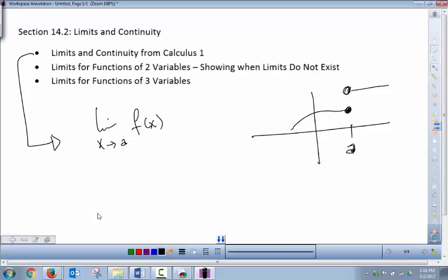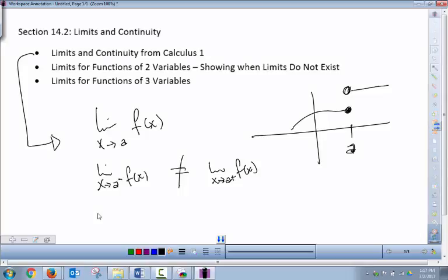But the point is that if you take the limit as x approaches a from one side, and then you take the limit as x approaches a from the other side, and these two don't equal each other, then the limit doesn't exist. If they're equal to each other, then the limit exists.